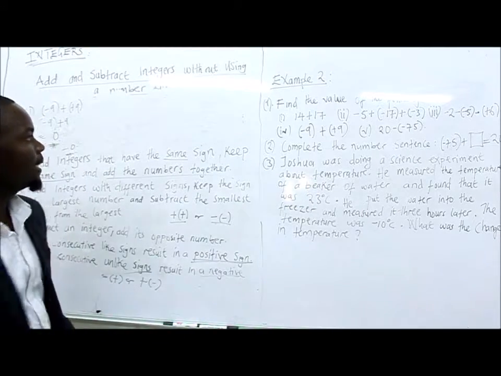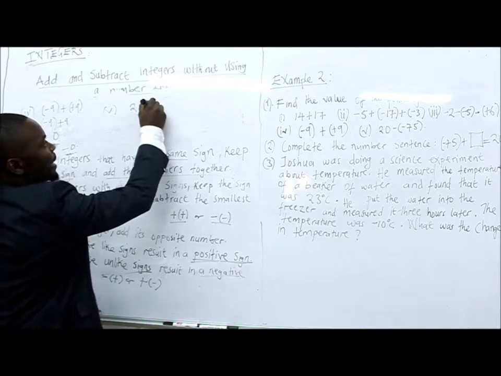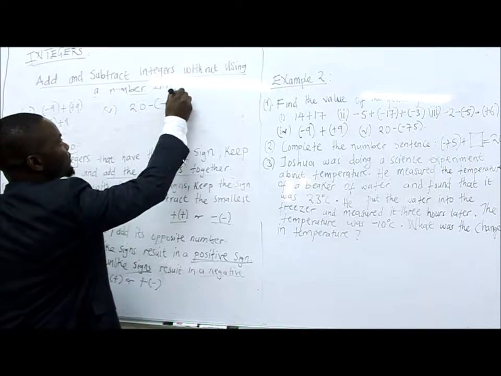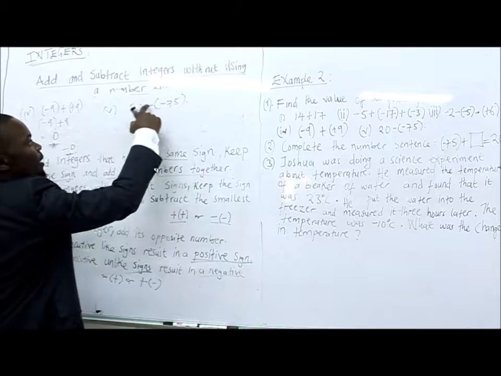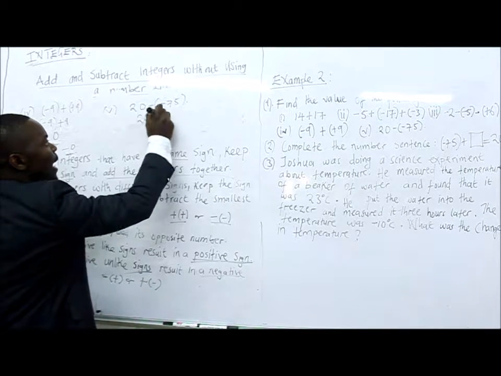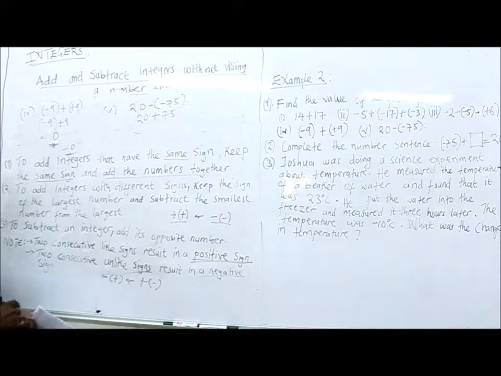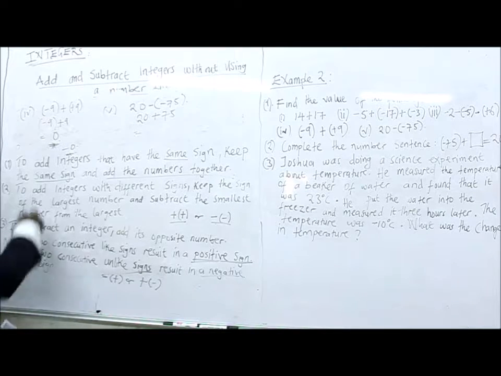Question 5 is saying we have got positive 20 minus negative 75. So here we have got two consecutive like signs. So since they are like signs, then we add. We have this according to this statement here. So 20 plus 75. Let's go to rule 1.